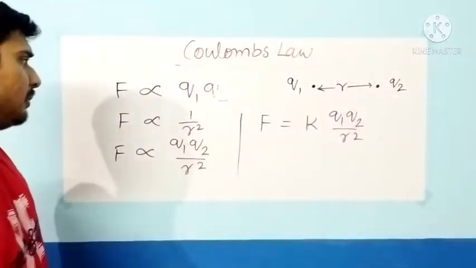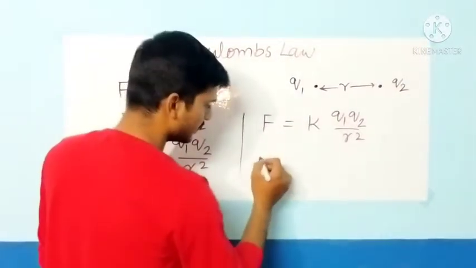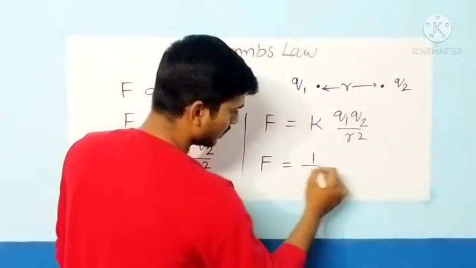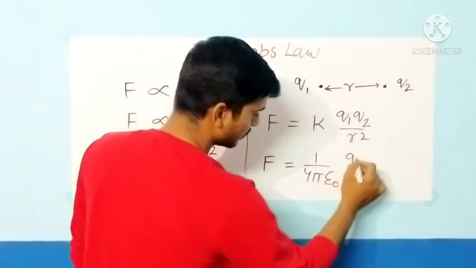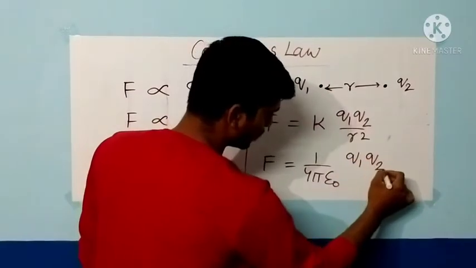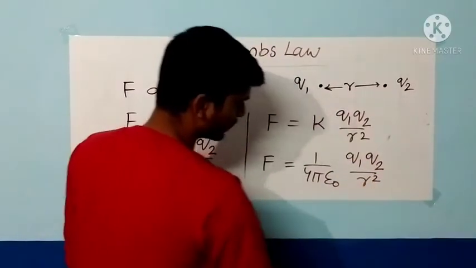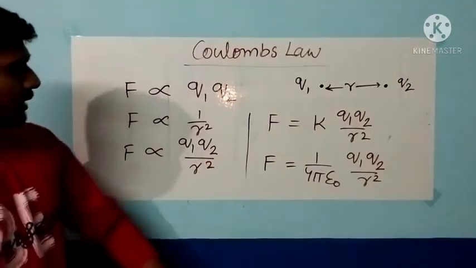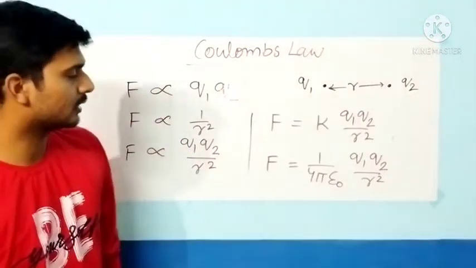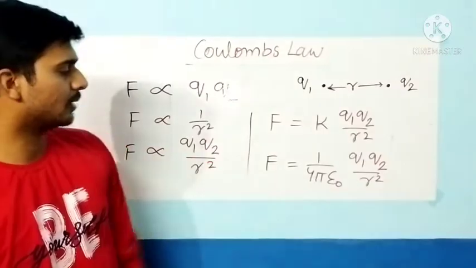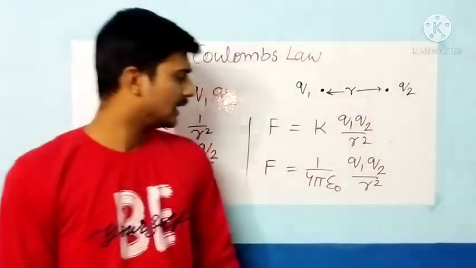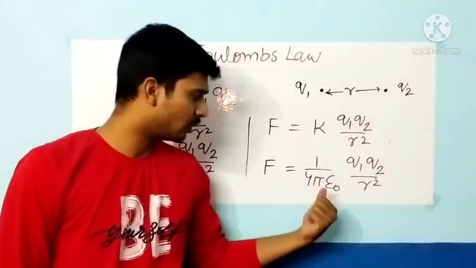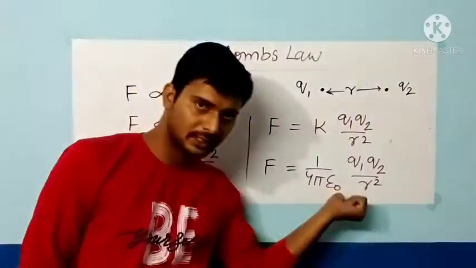Later on, experimentally, the value of K was found to be 1 upon 4 pi epsilon naught, so F equals 1 upon 4 pi epsilon naught times q1 q2 upon r squared. Here the term epsilon naught is the absolute permittivity, meaning the permittivity of free space. Later we will discuss this in detail.